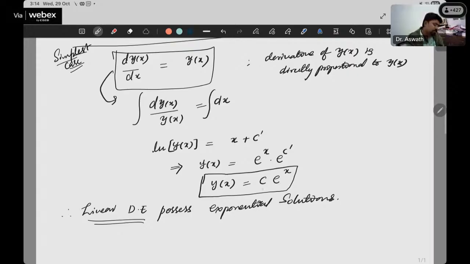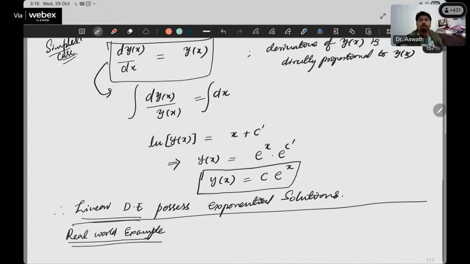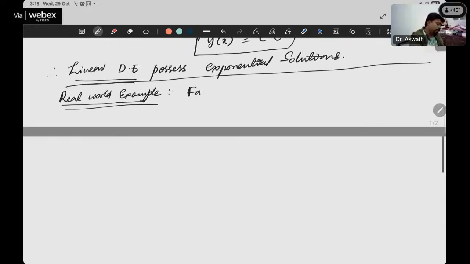The only thing is that some constant is there, and I need to find out what that constant is. A real world example, if I have to give one, is a falling object.